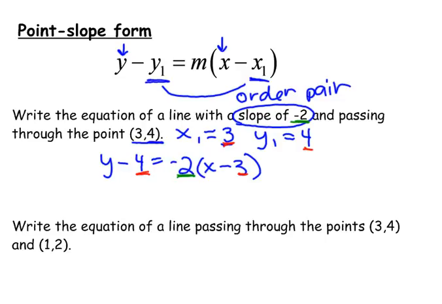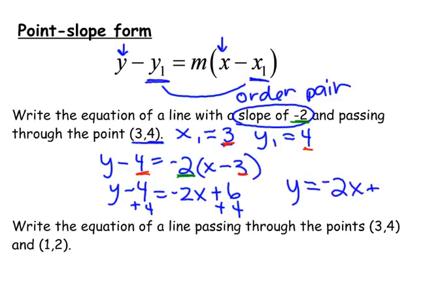Now we're going to simplify this a little bit so it's in slope-intercept form, but we could leave it just like that depending on what the question asked. Y equals, and then distribute that -2, -2x plus 6. And then we'd want to add this 4 to the other side so that we have it in y equals form. So y equals -2x plus 10.